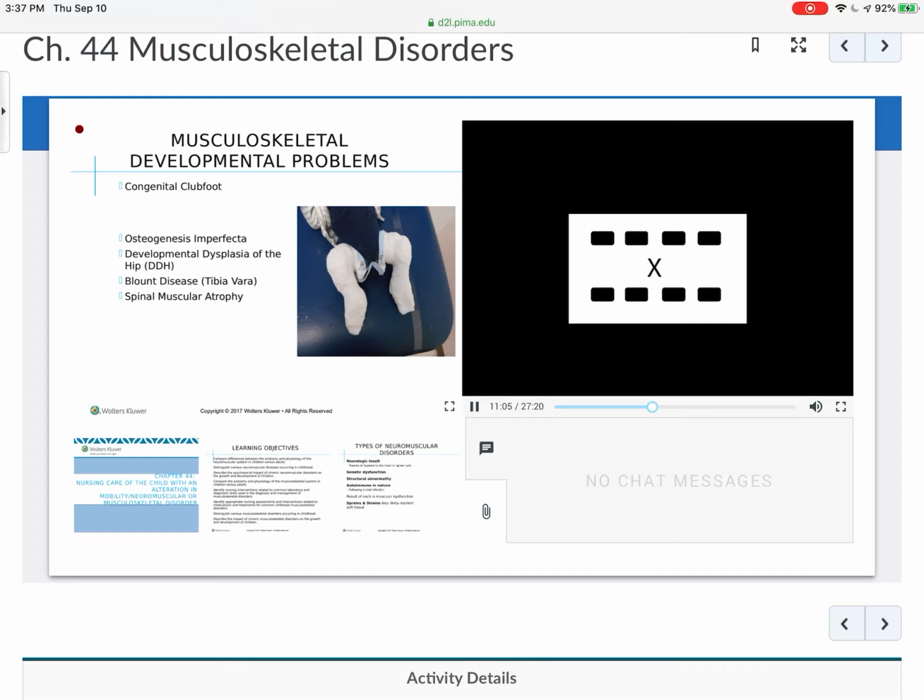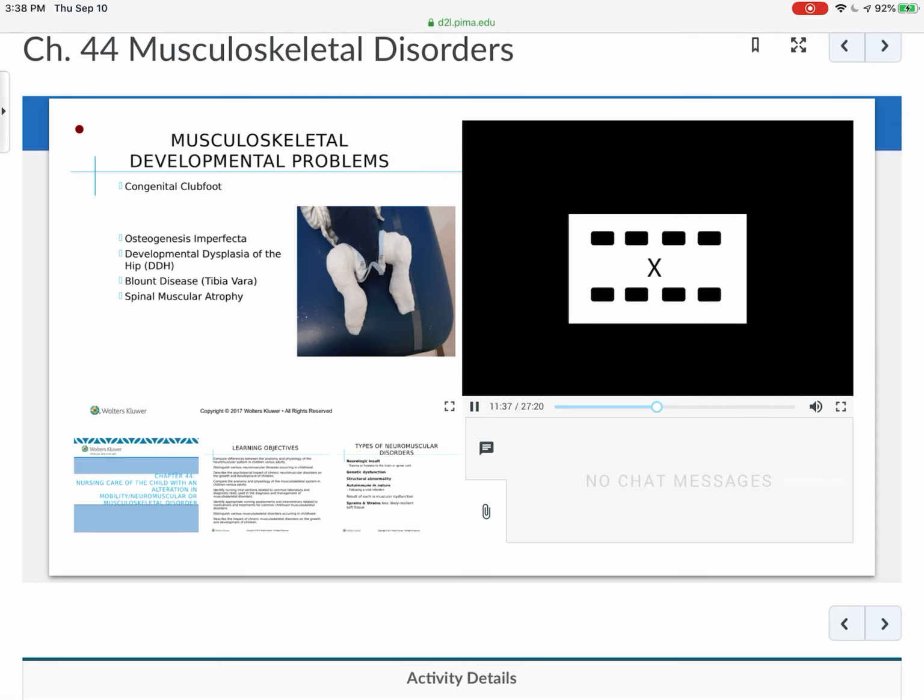Some of the developmental problems we see are clubfoot, so congenital clubfoot. It's a congenital anomaly. It occurs in quite a few births, like 1 in 1,000. There's different levels of clubfoot, but basically the foot represents the head of a golf club, and then they can be postural because if it's a big baby, maybe in utero, that foot was in a different position.